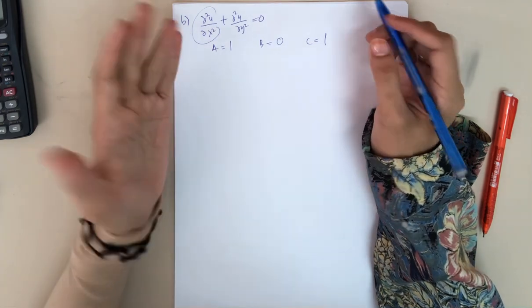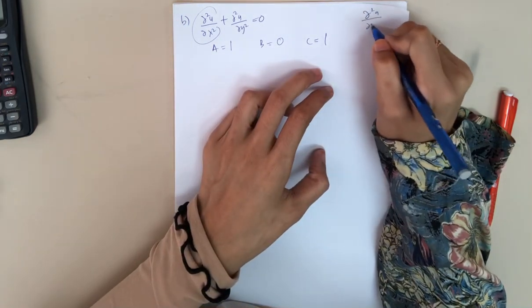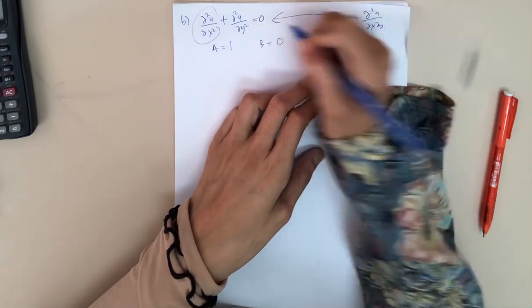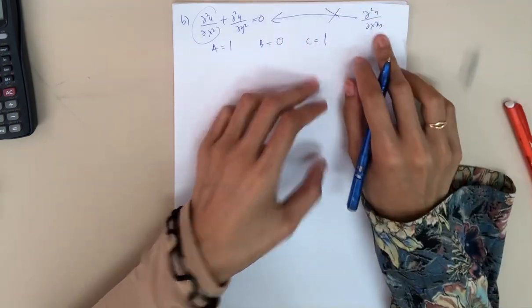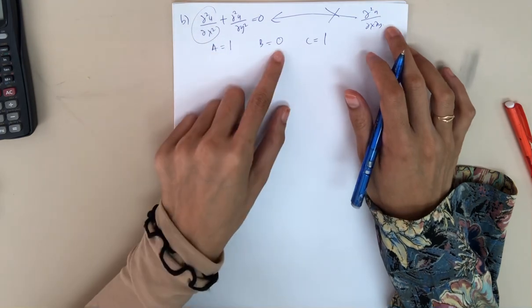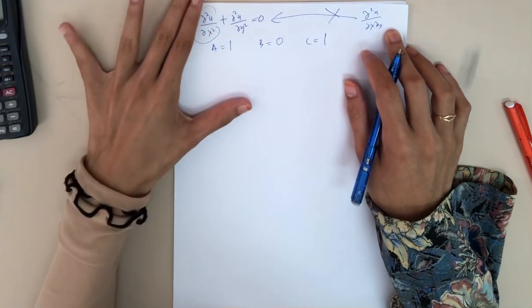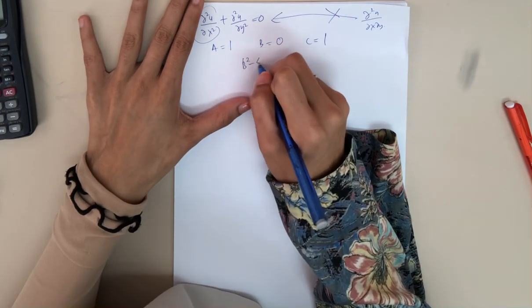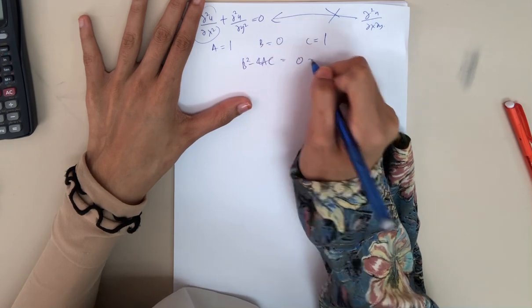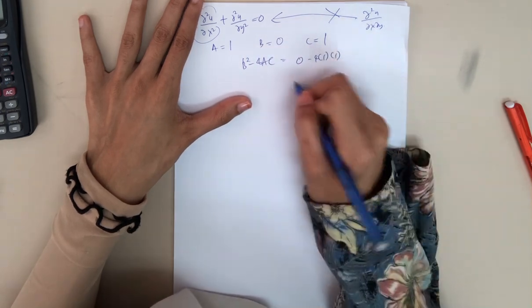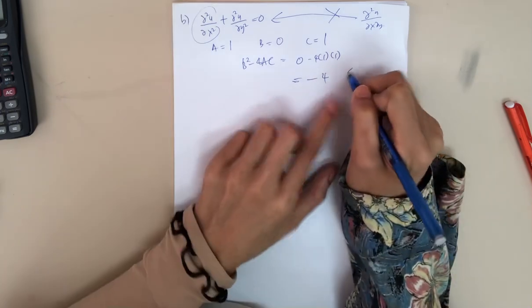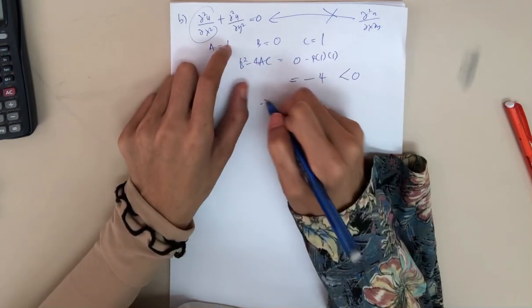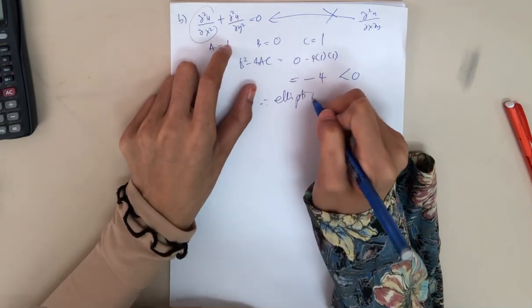Because there is no dx dy term in this equation. When this term does not exist, your B is 0. So just substitute again: 0 minus 4 times 1 times 1. Therefore you get negative 4, and negative 4 is less than 0. So therefore this is an elliptic.